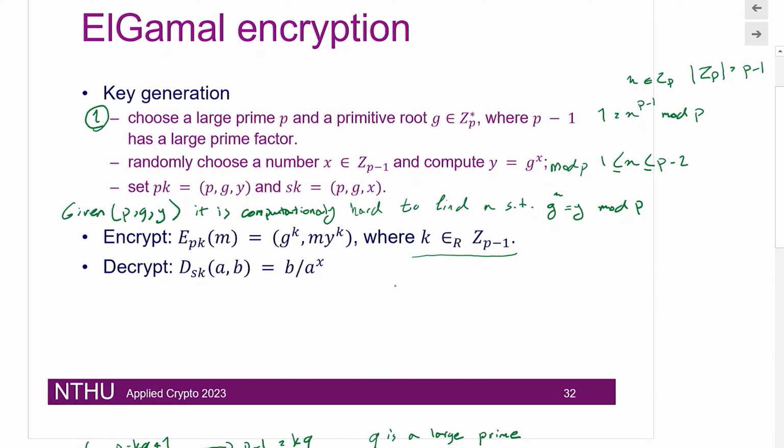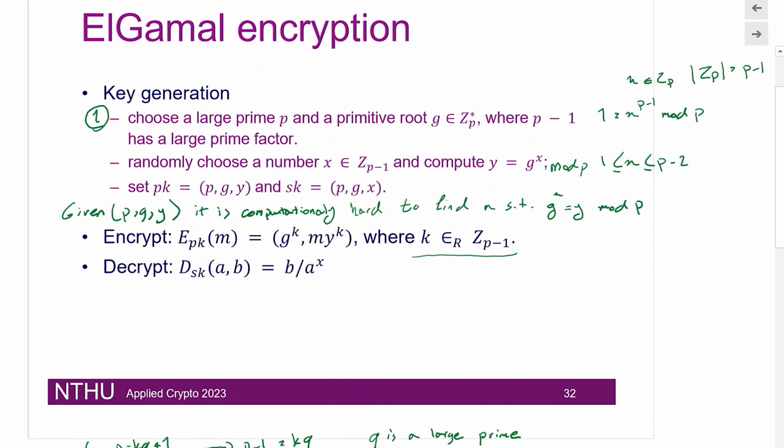Since k is random, g to the k is a one-to-one function according to the discrete log problem, so it is also a random value. Since y is g to the x, this piece perfectly hides the message, because we are multiplying the message by some random value.